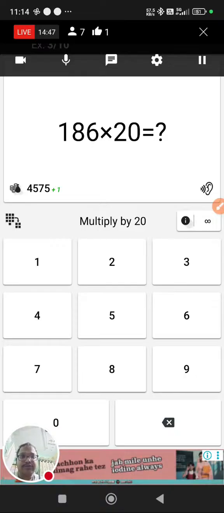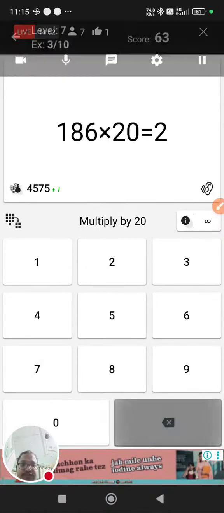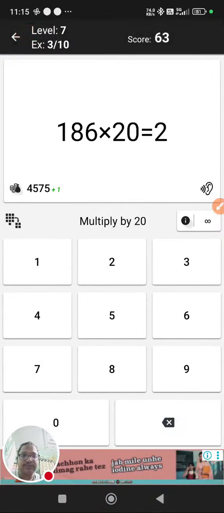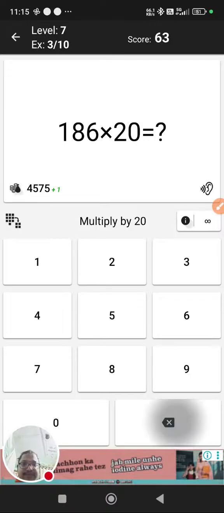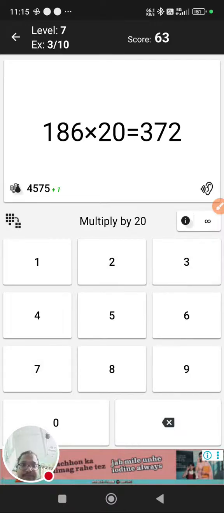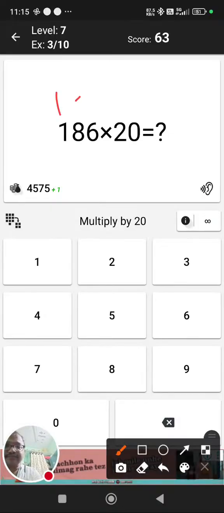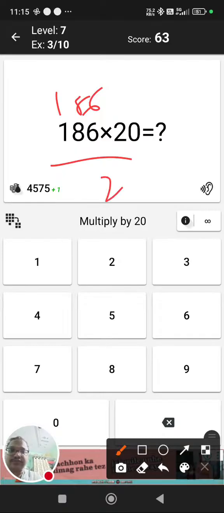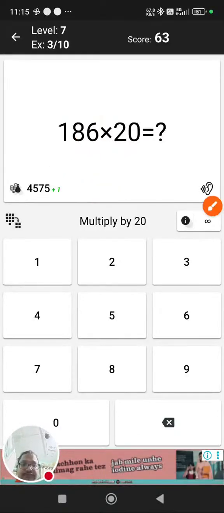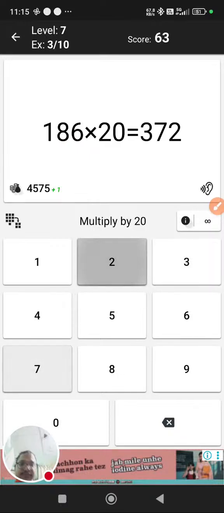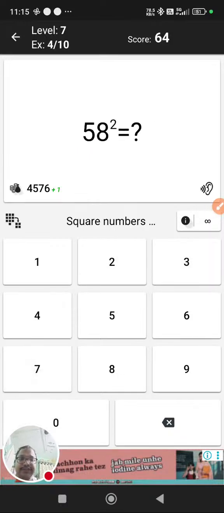This will be 209, 272, 262, 372, 186, 12, 9, 17, 372. So 3720, 58 square.